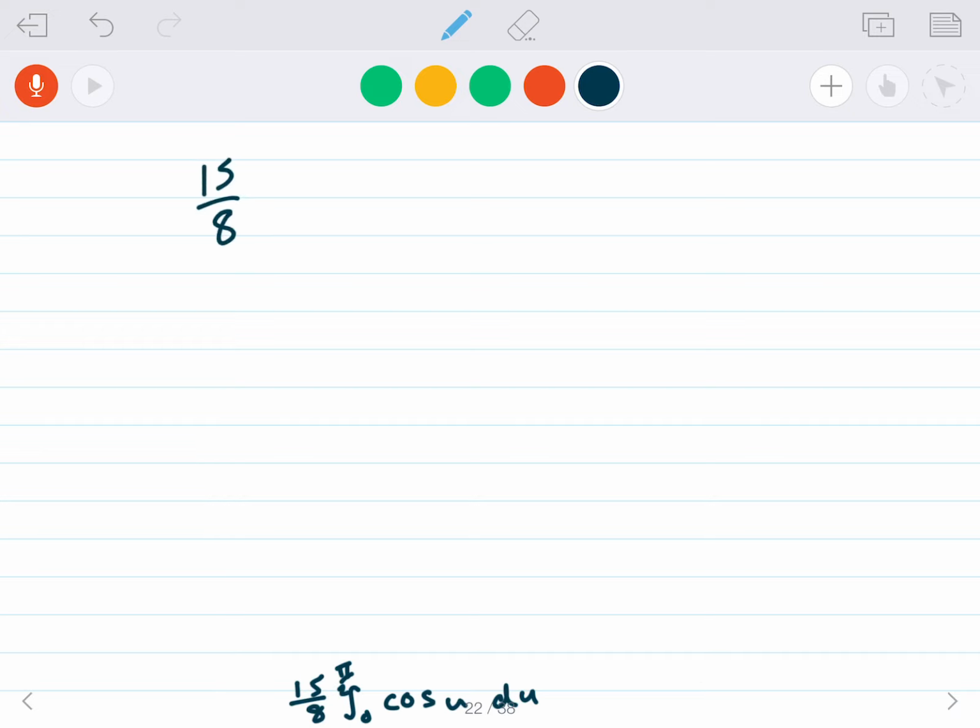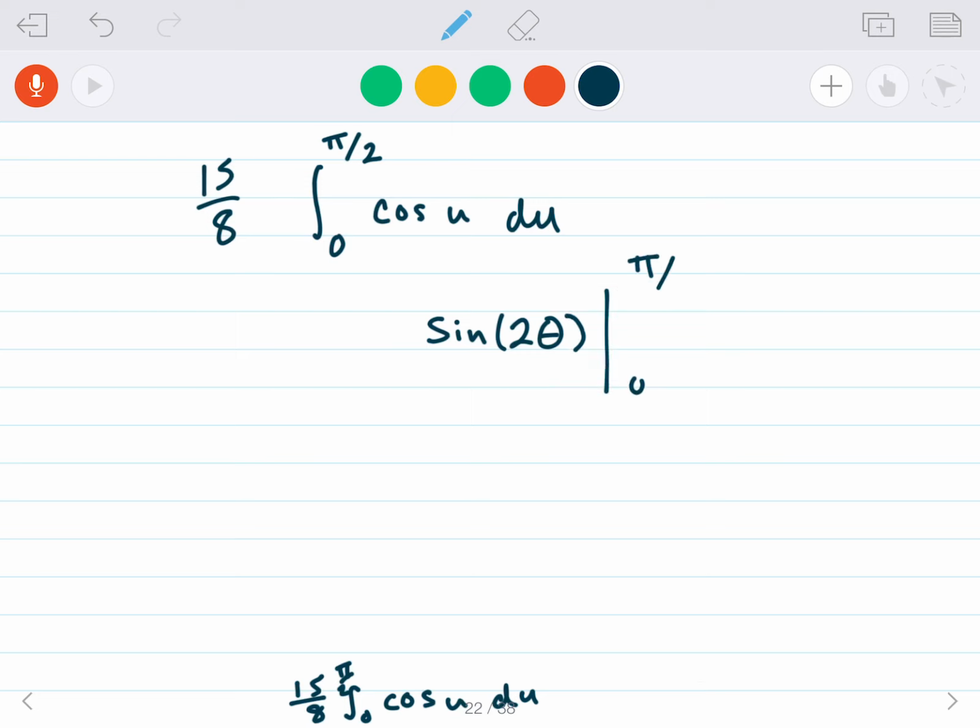So we have 15 over 8, 0 to pi over 2, cosine u du. All right, so the antiderivative of cosine u is going to be sine of u. So we have sine of u, and remember, u was 2 theta. So we have sine of 2 theta from 0 to pi over 2. And we still have that 15 over 8 in the background over there.